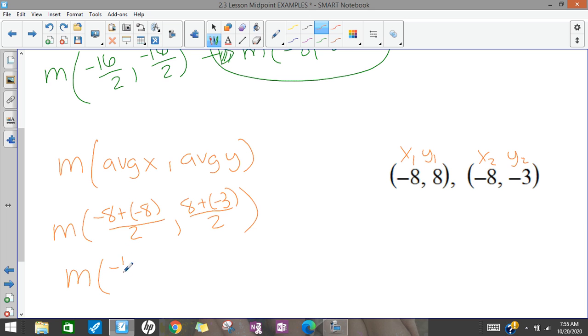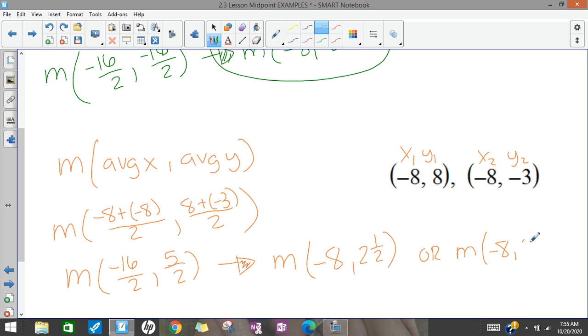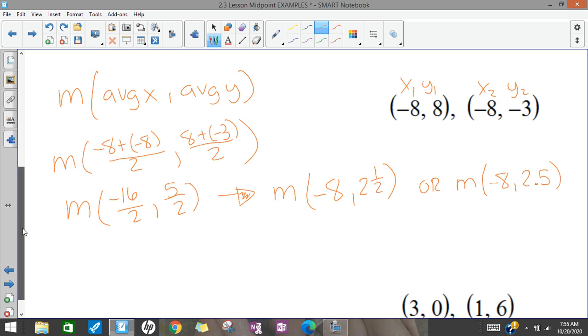So I get negative 16 over 2, and I get 5 over 2. And we'll simplify that and find that our midpoint is at negative 8. And then 5 over 2, you can put in your calculator, you'll get 2.5, so you can write it as 2.5 or as 5/2. Both are correct, both are acceptable, both mean the same thing.